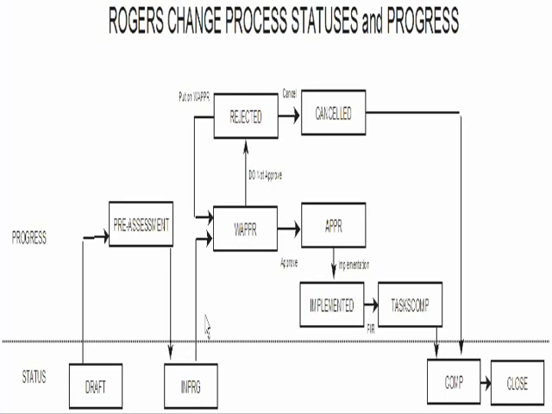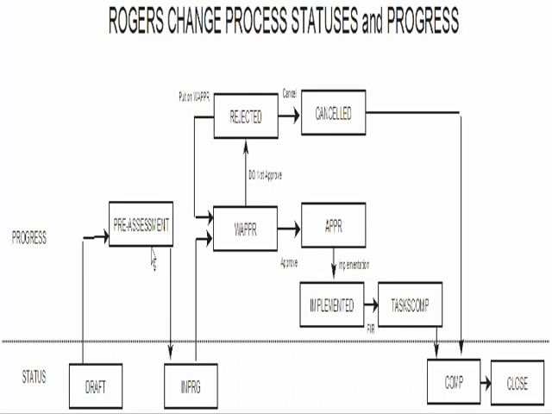Now follow my cursor. As soon as you open a ticket, the status would be draft and the progress value would be pre-assessment. At this point, you activate the job plan, which means the job plan has taken over the change process.